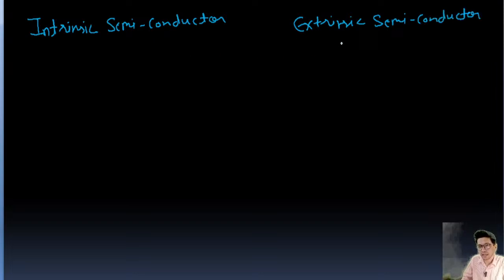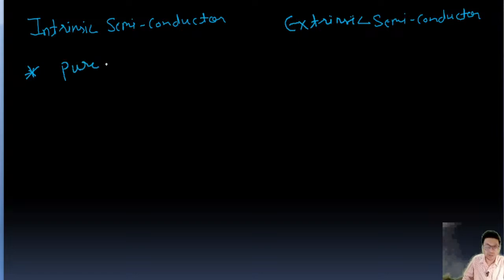Intrinsic semiconductors are pure semiconductors like germanium and silicon, and extrinsic semiconductors are impure.